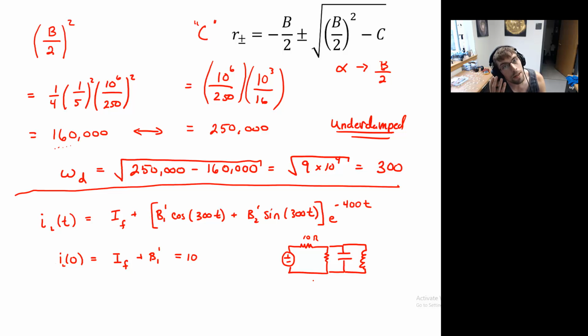At a long time, the capacitor is going to be charged to some final value. And hopefully you see it. All of the current's going to run through the inductor. Right? This is 80 volts, 10 ohms. And all the rest of the current's going to run through the inductor. That means that this final value, I final, better be 8 amps. So now we're good. We have some idea about how to get B1. It better be 2.